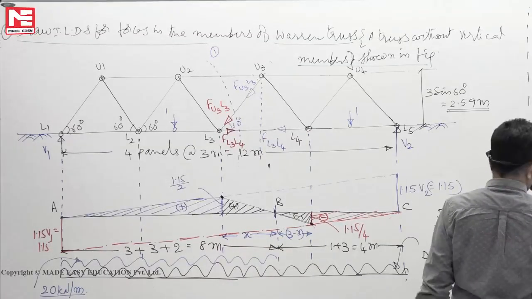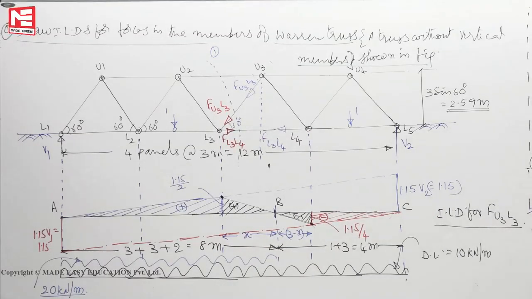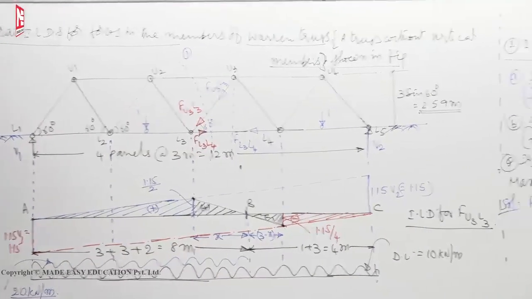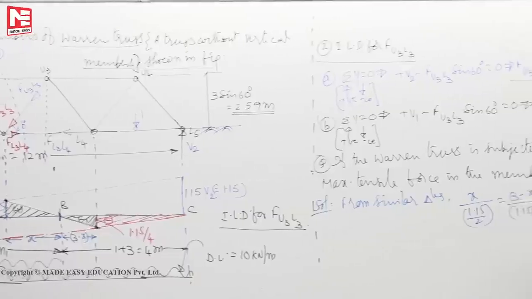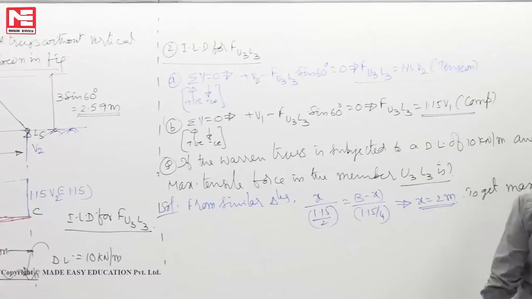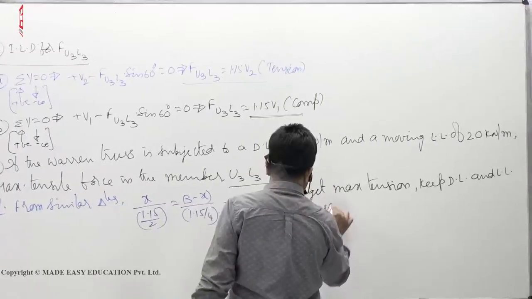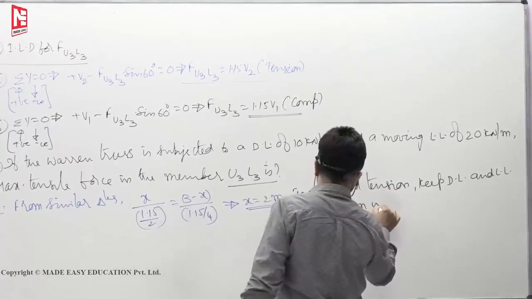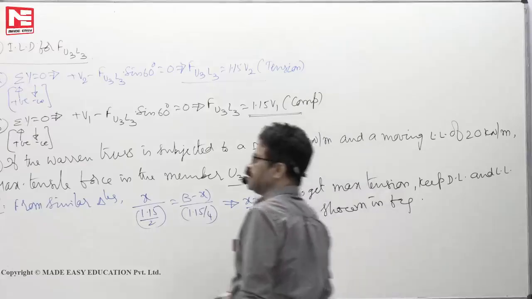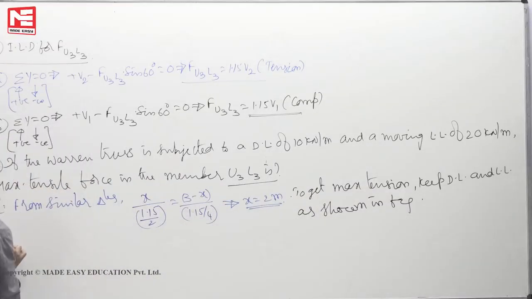Now to get maximum tension, keep DL and LL as shown in figure. Now you see F U3 L3.